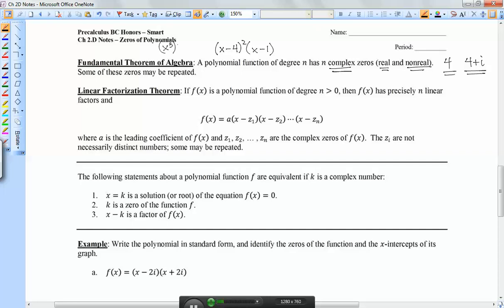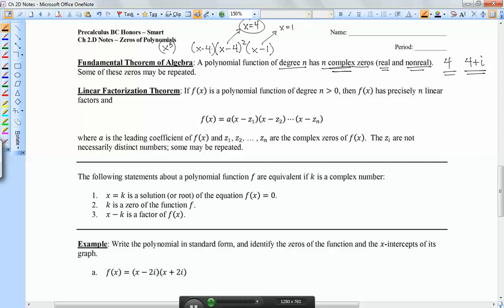So the theorem says that since it's a polynomial of degree 3, it's going to have 3 complex zeros, real and non-real. This one gives you x equals 4, this one gives you x equals 1. But x equals 4 happens twice, right? Because it's x minus 4 times x minus 4.